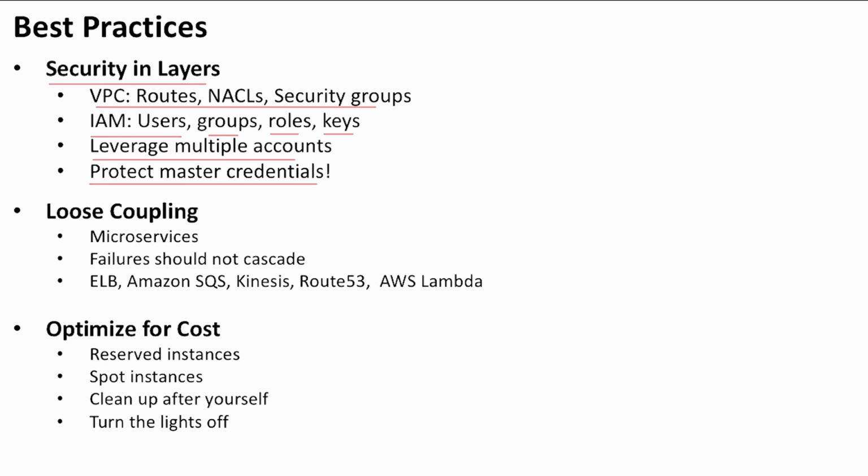The next best practice would be loose coupling. Loose coupling means that instead of writing a monolithic application, or instead of writing two applications that inherently know something about each other, instead of hard coding IP addresses, break that monolith up into microservices.